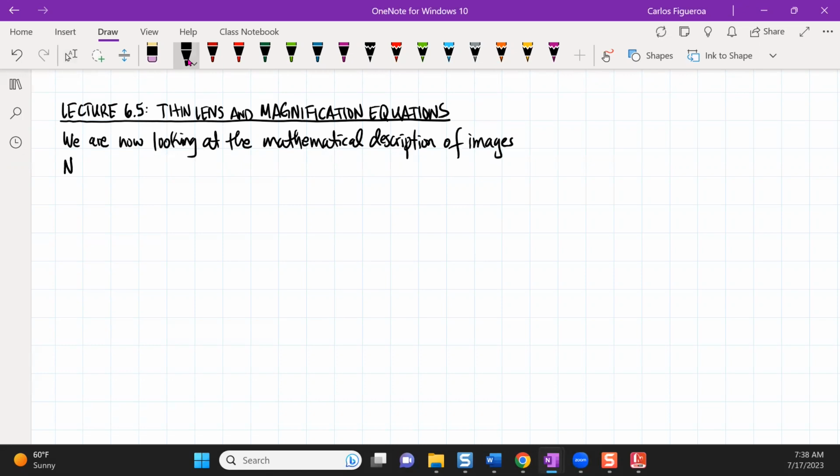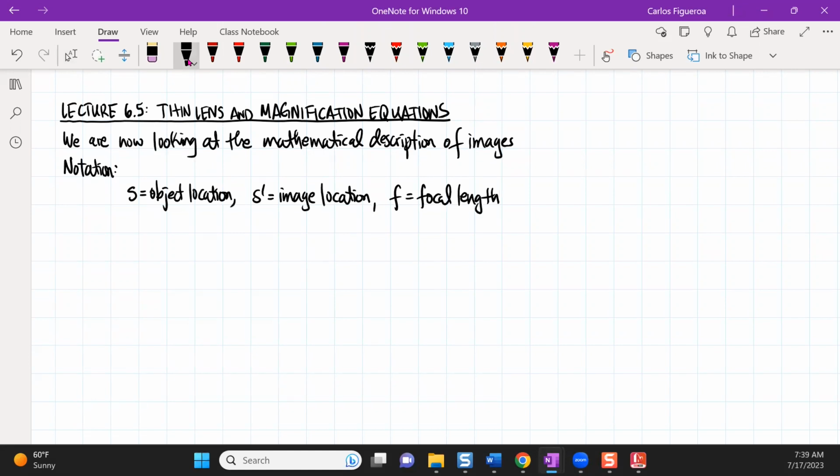So just to make sure that we're off to a good start, let's look at these notations. S is the object location. S prime is the image location. And F is the focal length. There's three others.